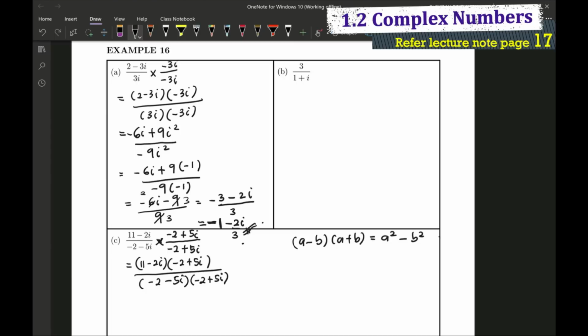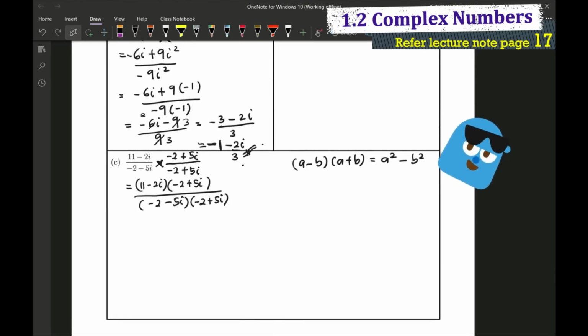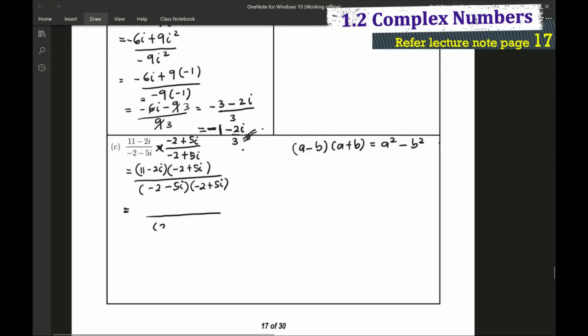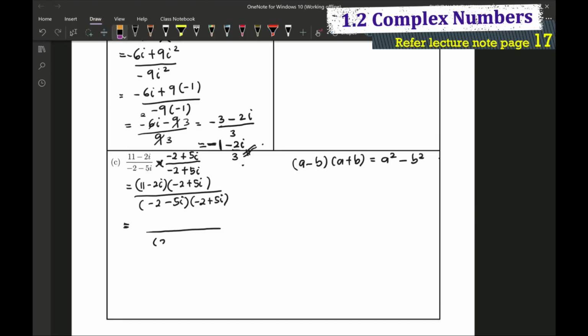So for the numerator, you want to do a more difficult operation. For the denominator, by using this formula, a is negative 2, so negative 2 squared, minus b squared.